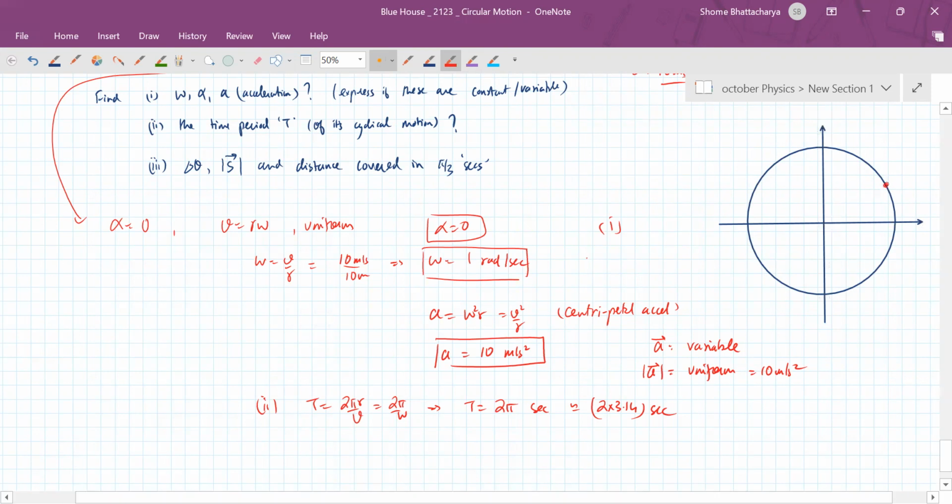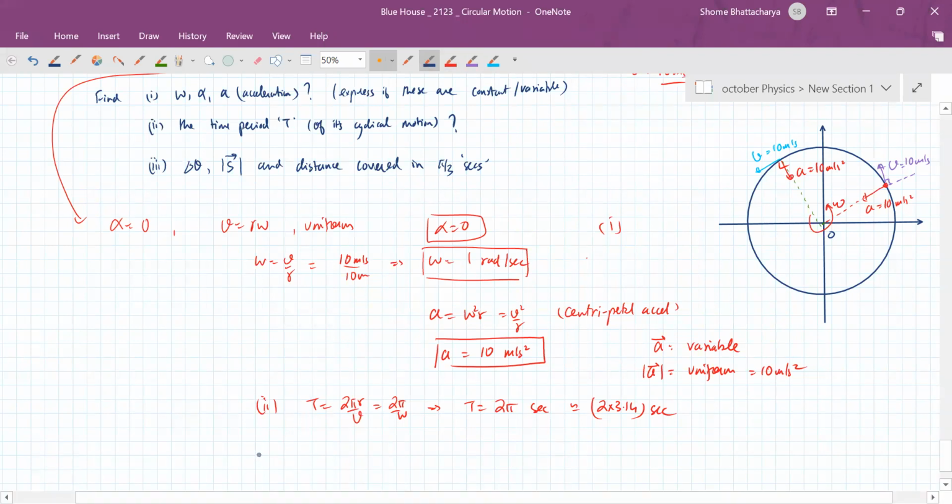For example, when it is here, when it is here, doing this at a constant omega.